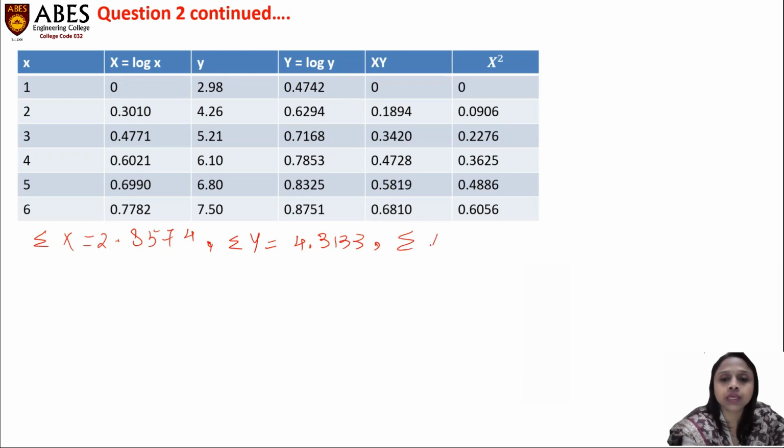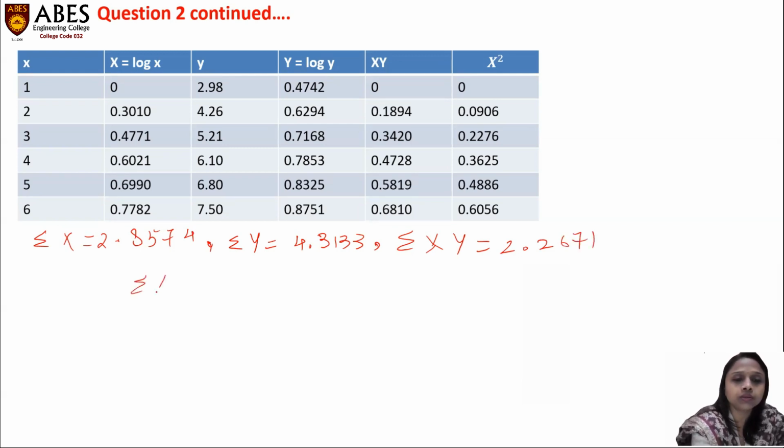Then summation of XY, which comes to be 2.2671. And summation X square, which comes to be 1.7749. Now, on putting the values in the given equation, total observations are 6, so n will take the value 6.